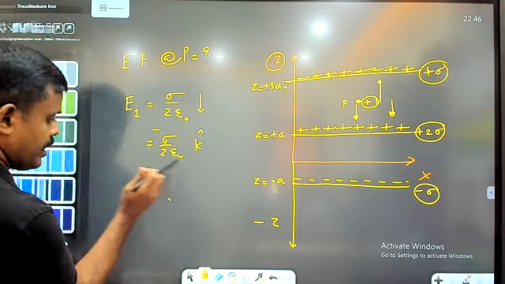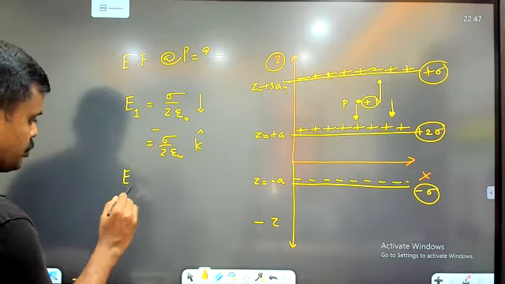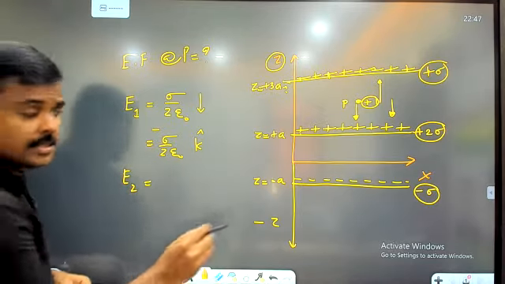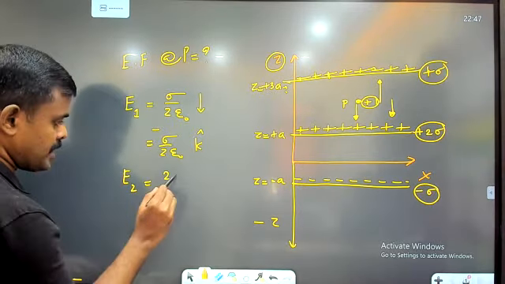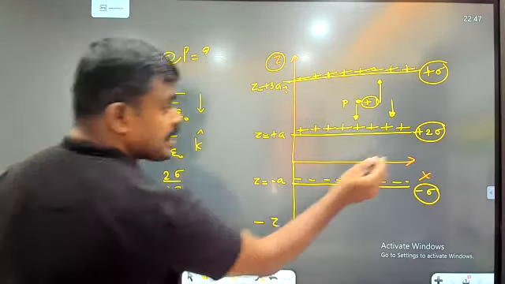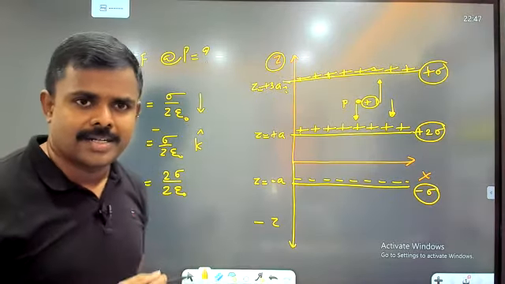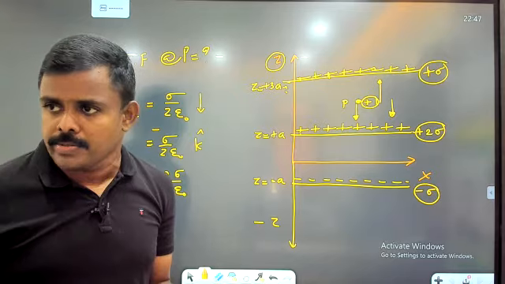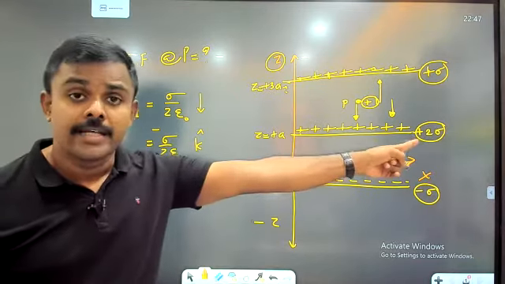Similarly, E2, region number 2, is the field due to the second thin sheet: 2 sigma by 2 epsilon 0. Why 2 sigma? Actually the equation is sigma by 2 epsilon 0, but sigma there is 2 sigma.